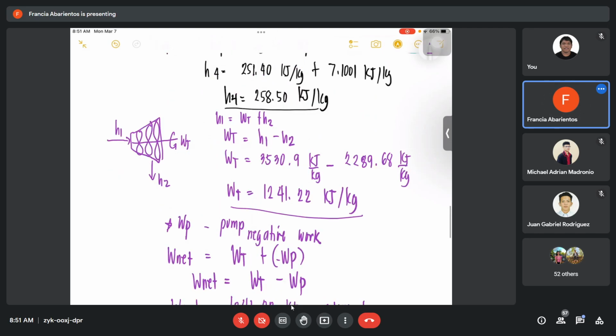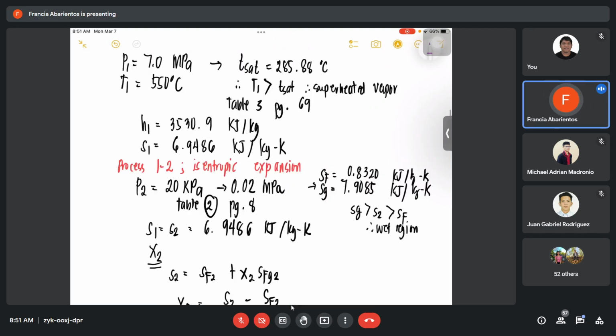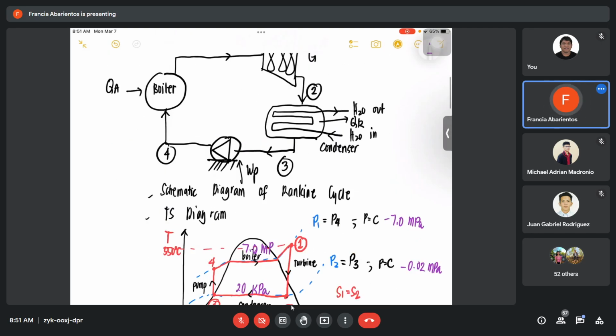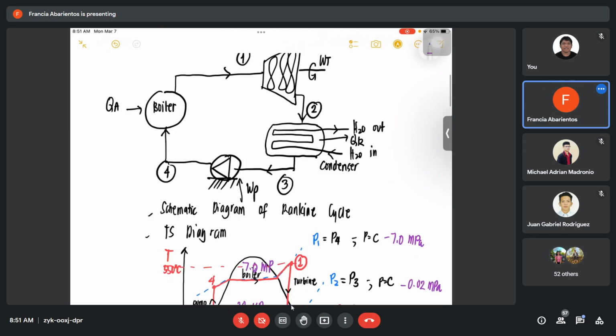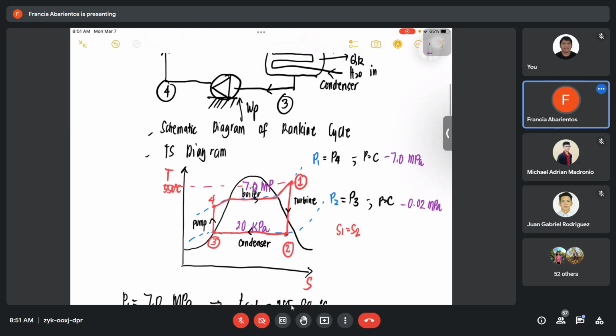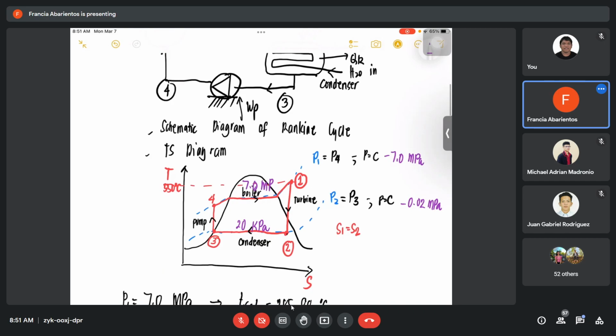Intindihan? So, ganyan yung kukunin mo. Hindi mo naman kukunin lahat ng properties niya. Ang importante is the enthalpy, the constant entropy process. Okay? So, yan po. That is the ideal Rankine cycle.